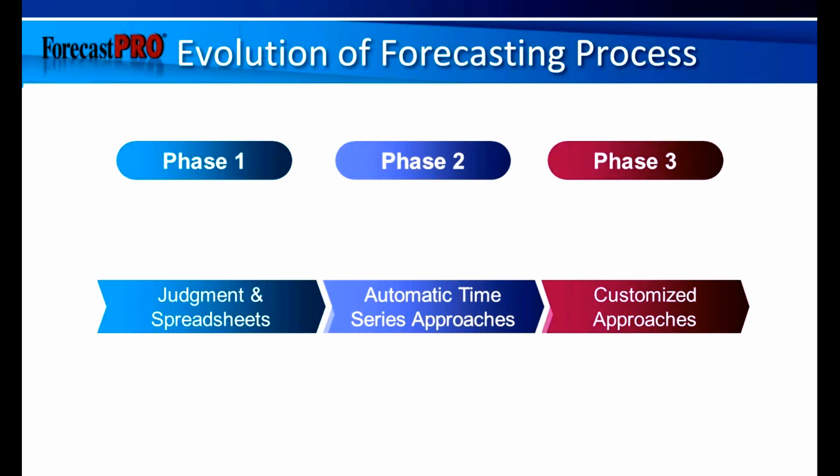So there's a lot to be gained from that automatic time series approach, but you might still find that there are certain types of data where this automatic approach doesn't work well. Some data demands a more custom approach. Some examples of this might be new products with limited or no demand history, promoted products, clearly a big topic of today.